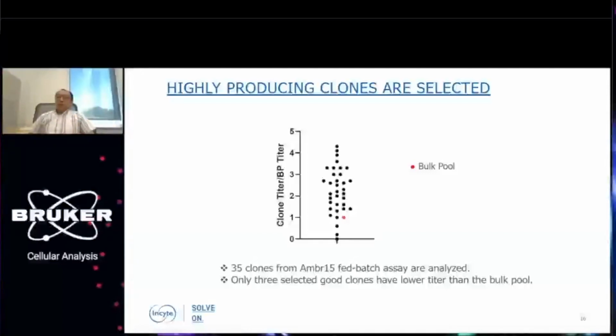In our experiments, only 3 selected good clones have a lower titer than the bulk pool. It's less than 10%. We also have 10 clones where the clone titer to bulk pool titer ratio is over 3. This result indicates that the assay is efficient in selecting high titer clones.